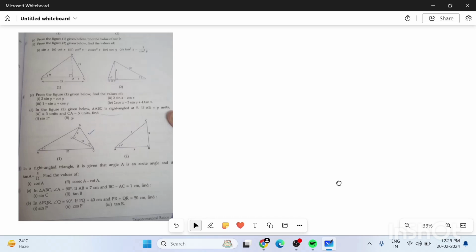Briefly, I would like to remind you all that these trigonometric ratios, sine theta, tan theta, cos theta, sec theta, cosec theta, and cot theta, can be calculated if one of the trigonometric ratios of an acute angle is given.